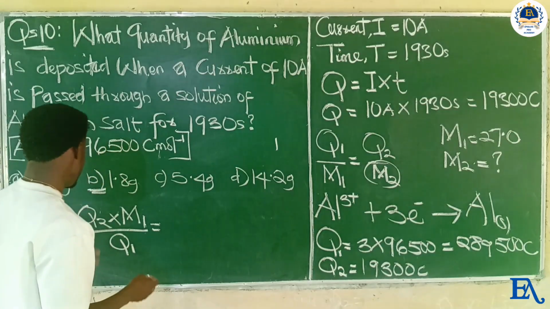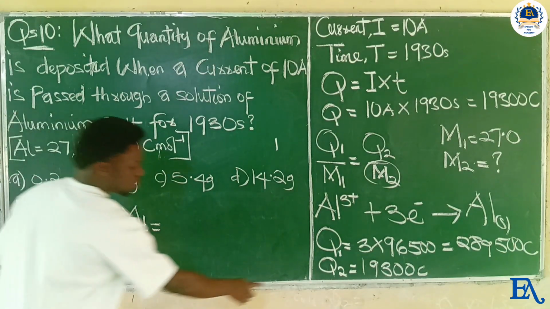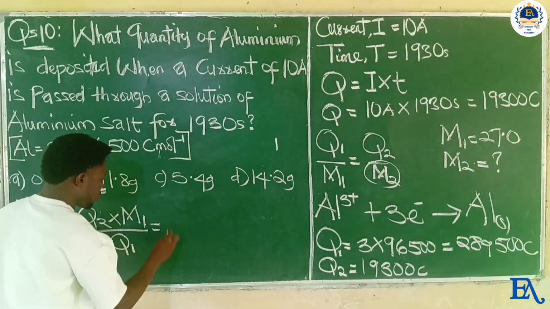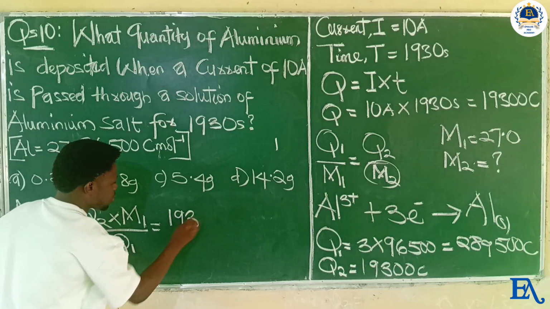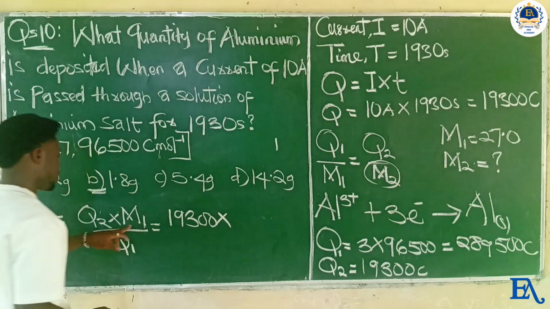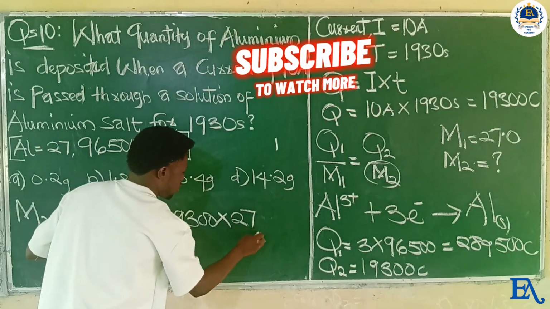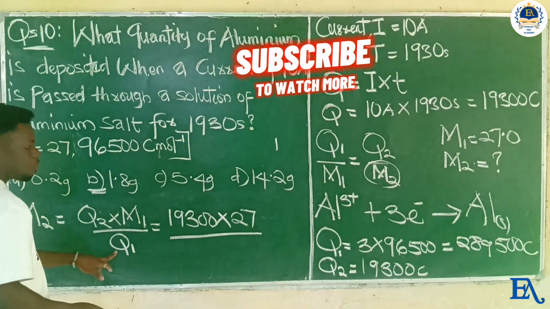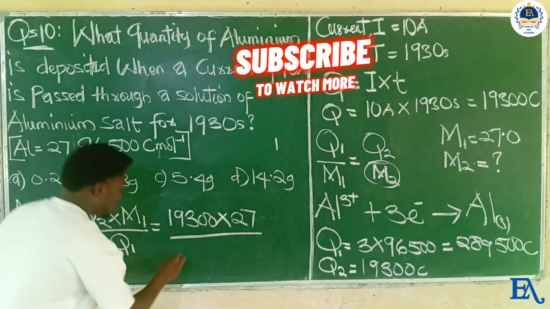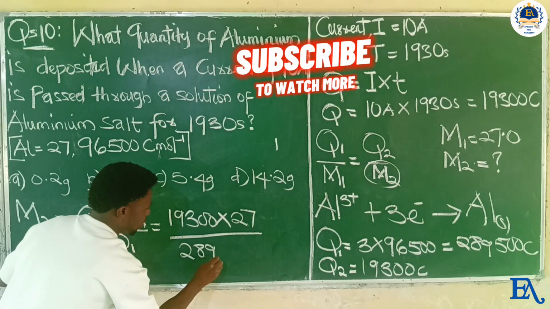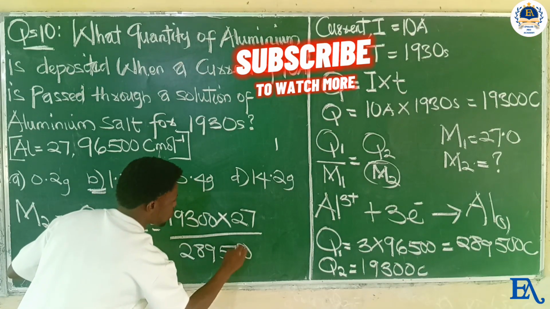Q2 is given as 19300, times M1, and M1 on the board is 27, divided by Q1, and Q1 is given as 289500.